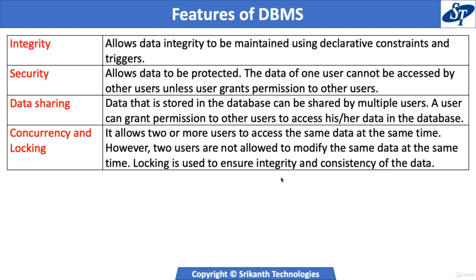But can it be done at the same time? Of course. That's what we call concurrency. Two or more users can access the same data at the same time. This is called concurrency, but concurrency can cause problems. To handle those issues and to avoid the problems related to data integrity and consistency, Oracle or any DBMS for that matter would also apply locking.